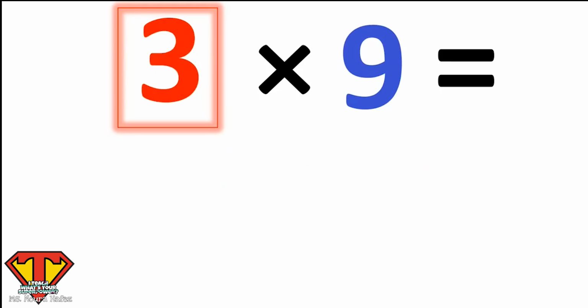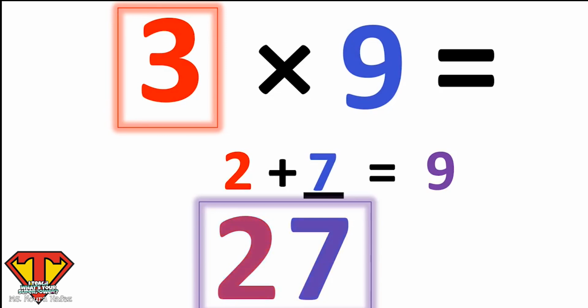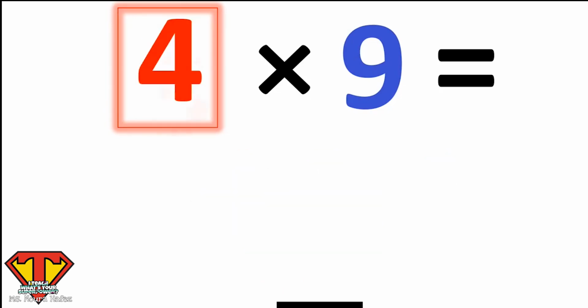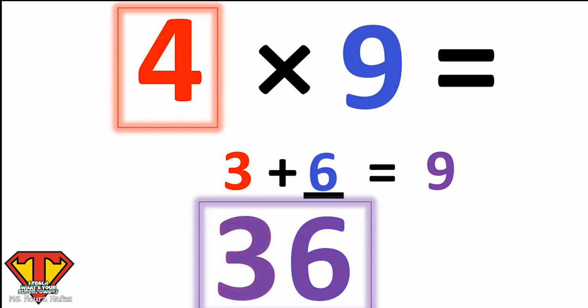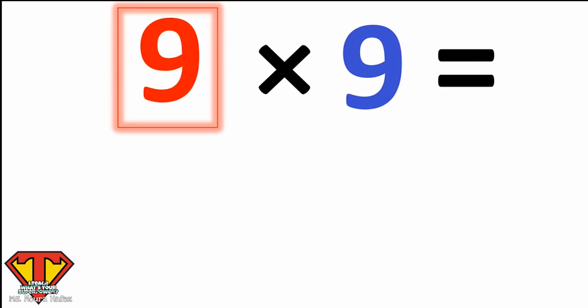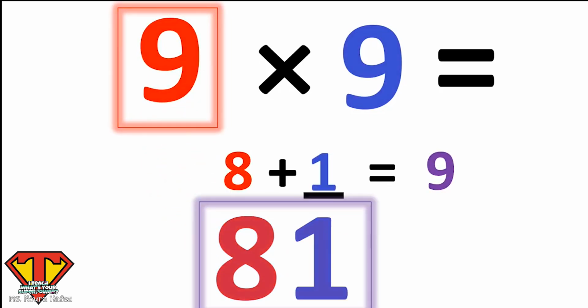Or when you have 3 times 9, 1 less than 3 is 2, then you just say 2 plus what number equals 9? It's 7, so 27. And so on. 4 times 9, 1 less than 4 is 3. 3 plus what number is 9? 6. So your answer is 36. You can do that all the way up to 9 times 9 to get 81.